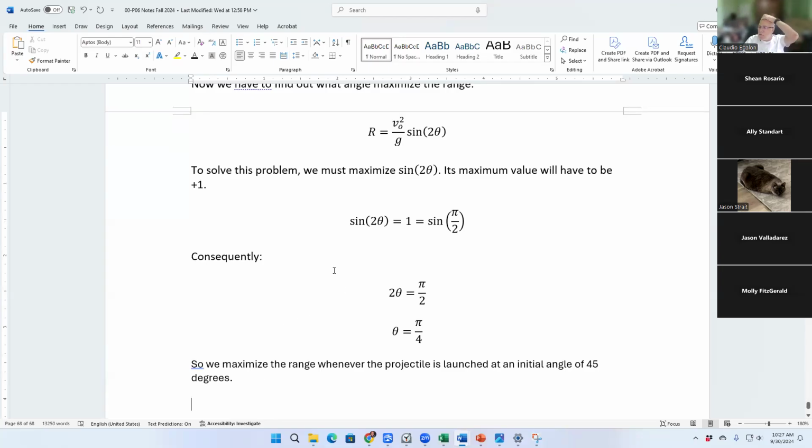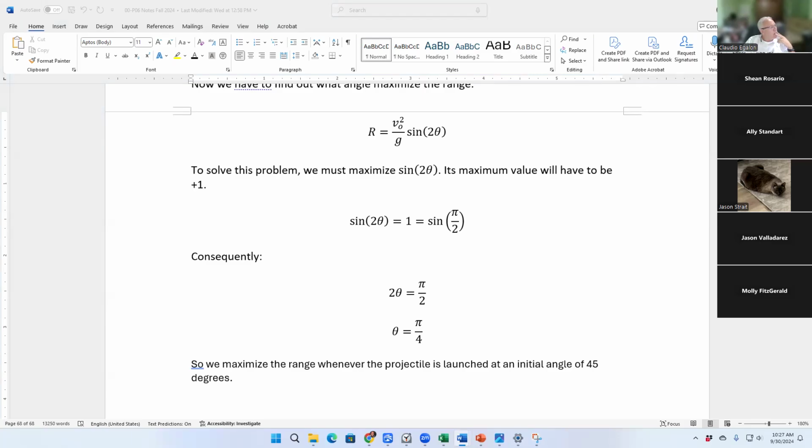We can discover all those things from those equations. There is another way of solving this problem.